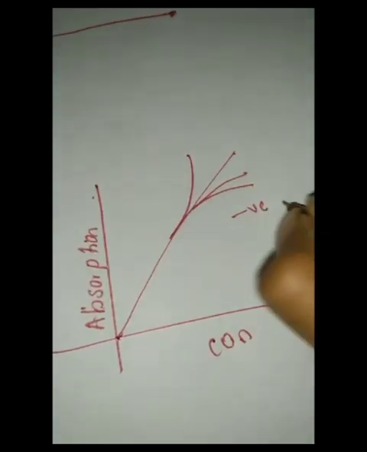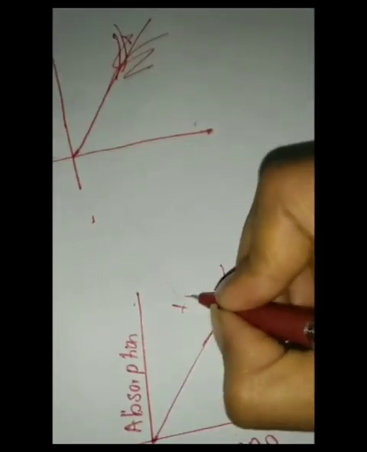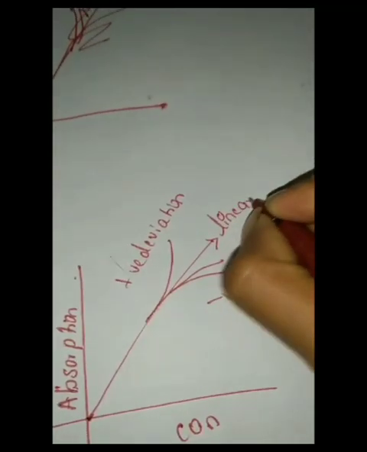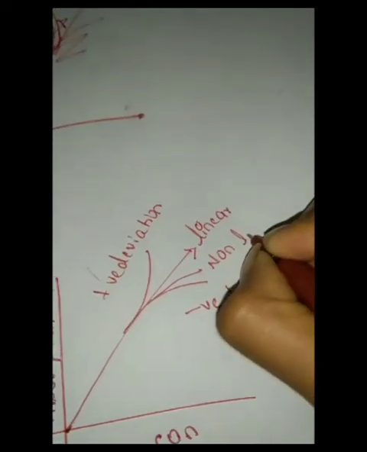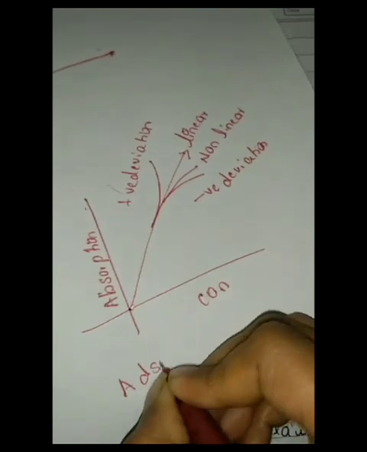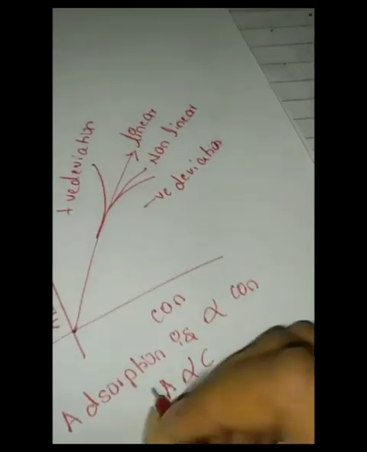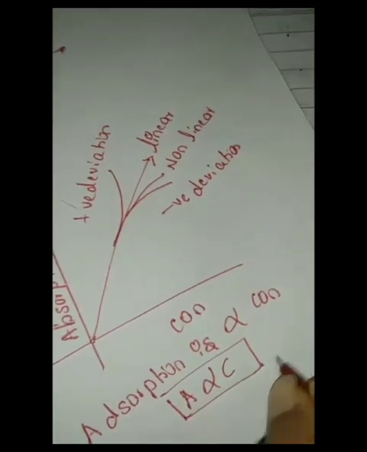This will be the negative deviation, positive deviation, this will be our linear, and this will be our non-linear. Here absorption is directly proportional to the concentration, A is directly proportional to C.